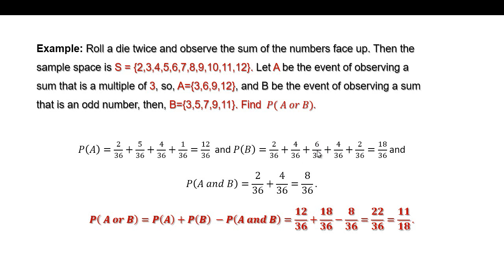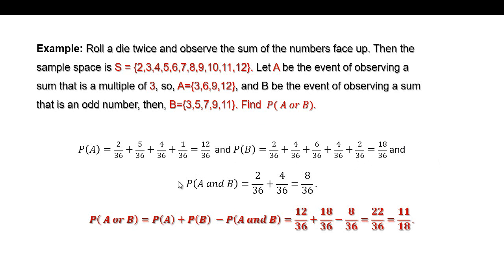I can get 5, 2, 2, 5, that's 4. I can get 4, 3, 3, 4, that's 6. And there are no other ways to get 7. So at the end I get 18 over 36 for the probability of B.